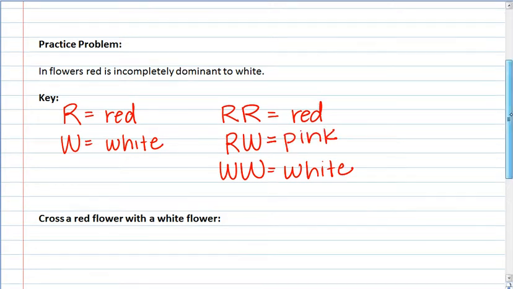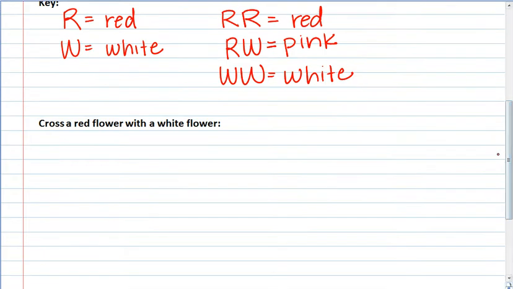Let's take a look at a couple examples of this. We want to cross a red flower with a white flower. The genotype for a red flower would be RR, and we want to cross that with a white flower, WW. So let's set up our Punnett square.